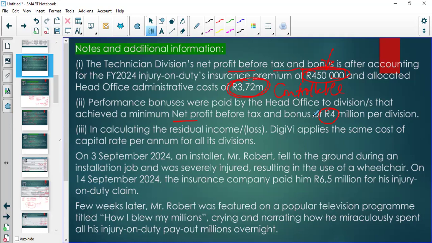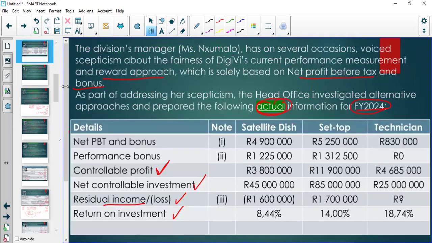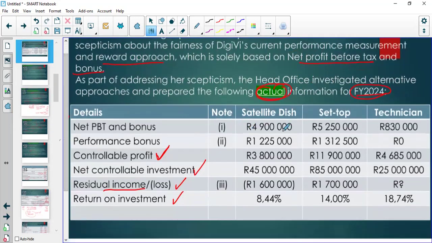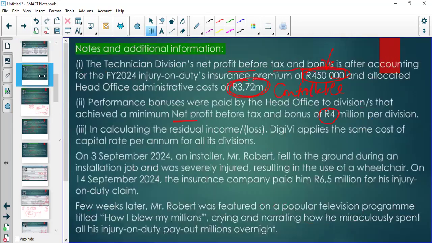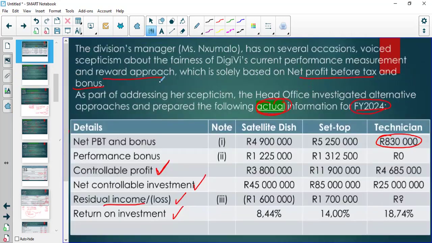So how much did these guys achieve? Technician, it's 830. Is that correct? 4 million rand. So if you look here, the satellite division got that.